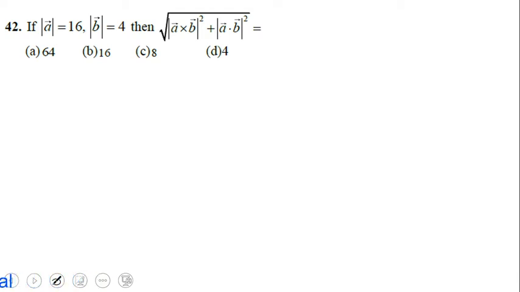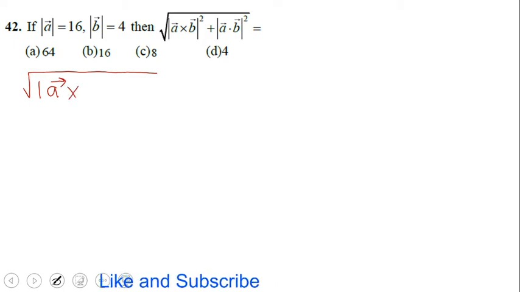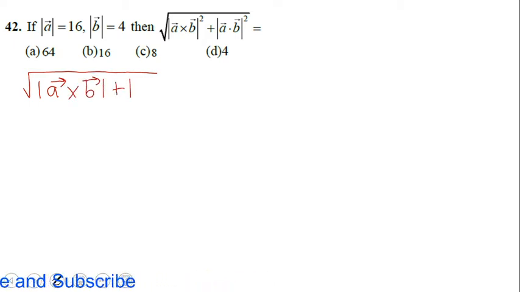It is given that the magnitude of vector A is 16 and the magnitude of vector B is 4. Then we have to find the square root of the magnitude of vector A cross vector B, whole square, plus vector A dot vector B, whole square.